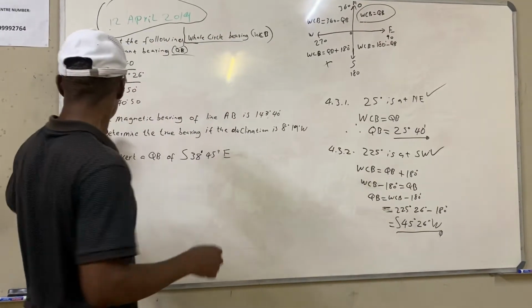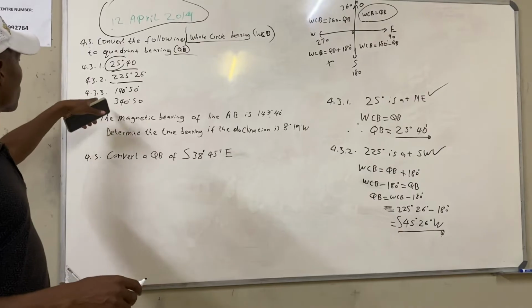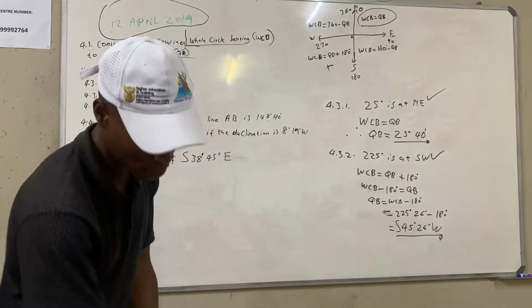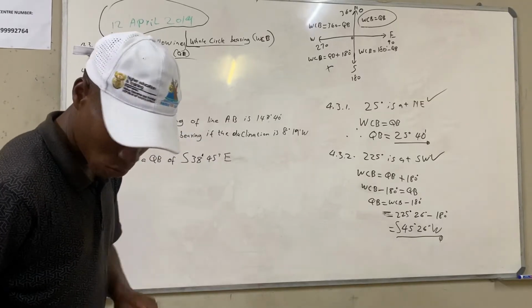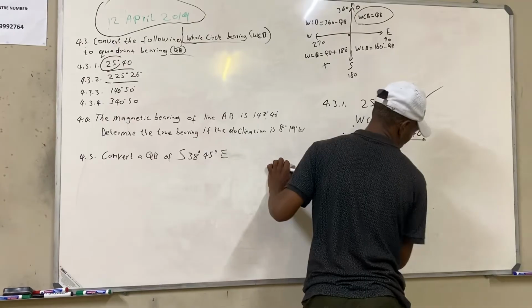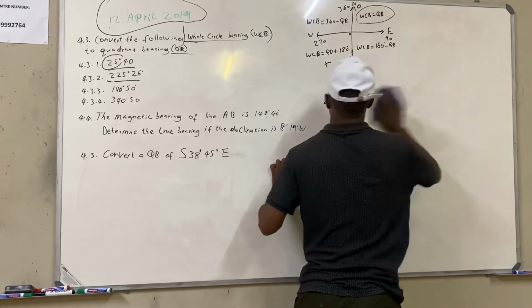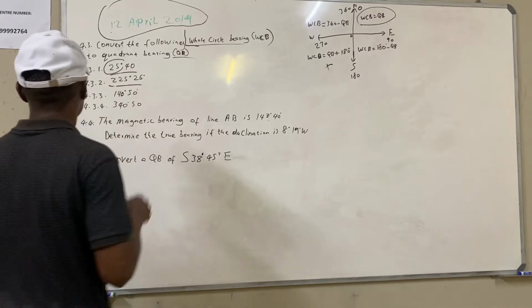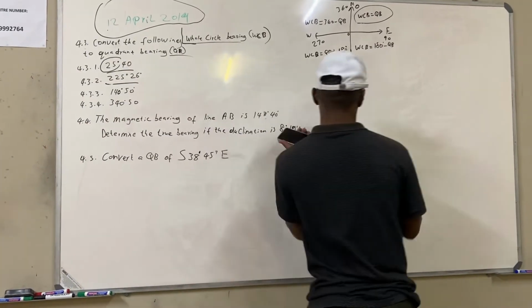Then you go to question 4.33. Let me remove this one because I don't have the space. So fast. You don't have time. So question 4.33 is very simple.